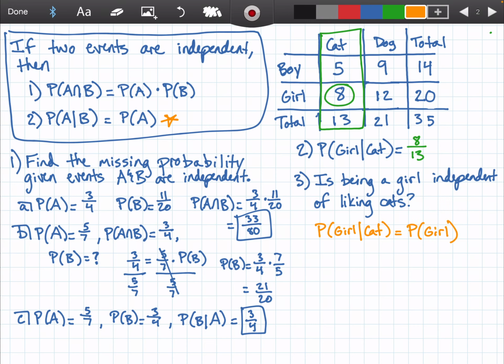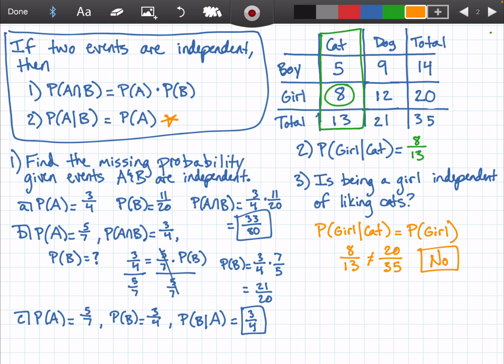We already calculated this one to be 8 out of 13. The probability of picking a girl is 20 out of 35. Those are not the same, so these are not independent events. Interesting, isn't it? This is where you start to find subtle biases and things like that.